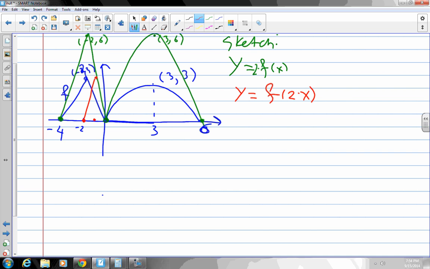So you actually have this effect. This point went closer to the origin by half. This point went closer to the origin by half. The heights don't change. The intercept at the origin doesn't change. Now this point, 6, will become 3, and the 3 here will become 1.5. So it will do something like this. So this is the new graph. It just went by half. So every x value got divided by 2.